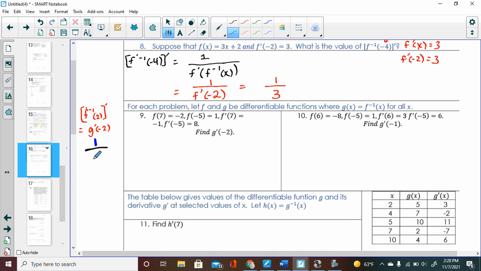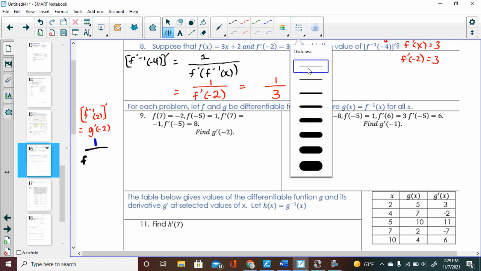If it helps you, we could write that as g prime equals 1 over, let's see, 1 over, I made this so complicated for no reason. So 1 over, I'm going to write this f prime. I should have made this smaller.